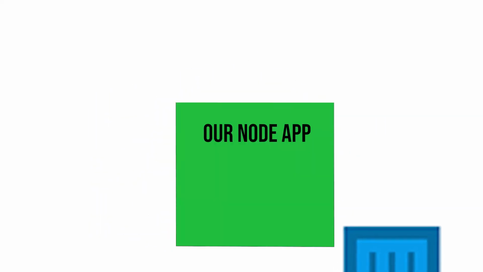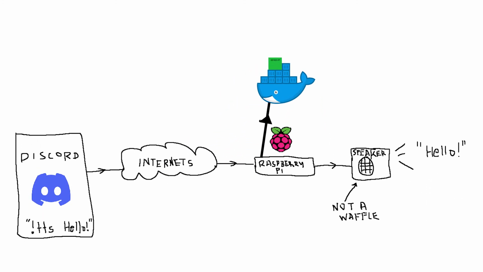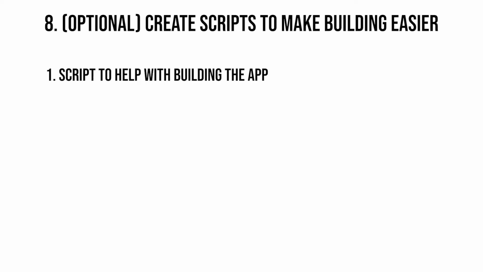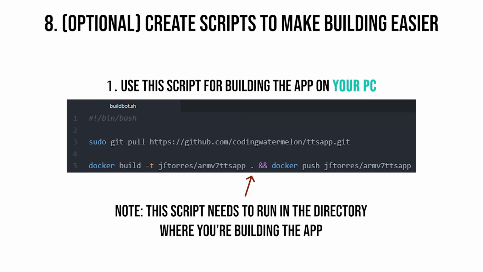Now we have everything in place. Our Node app lives within a Docker container, which then runs on the Raspberry Pi, which we use scripts to manage. These are optional, but if you're planning on making edits to the bot, you're probably going to want to build these scripts to make your life easier when you're building the app. For building the app, wherever you're building, likely not on the Raspberry Pi itself, you're going to use this script.